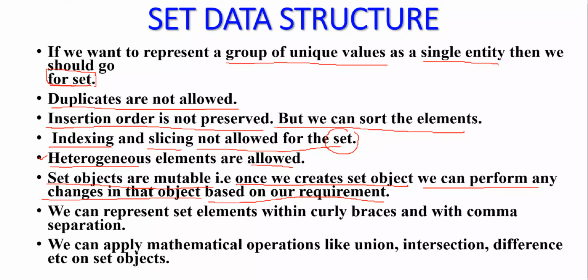We can represent set elements within curly braces and with comma separation. Suppose you want to represent three elements, here I am representing S is equal to {1, 2, 3}. So the elements are represented in the set with curly braces, and in the curly braces, the elements are separated with a comma.